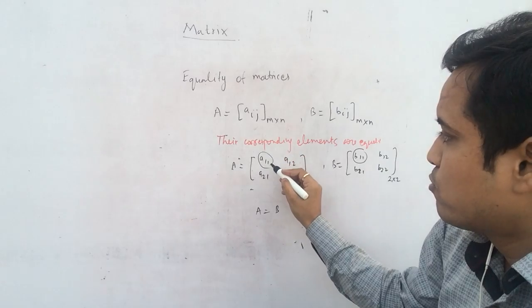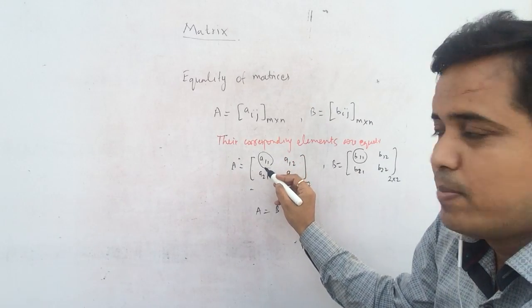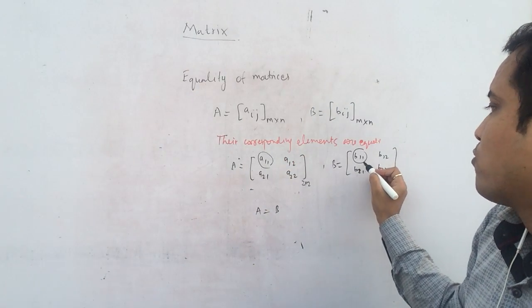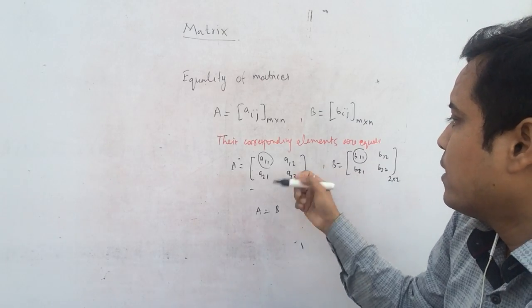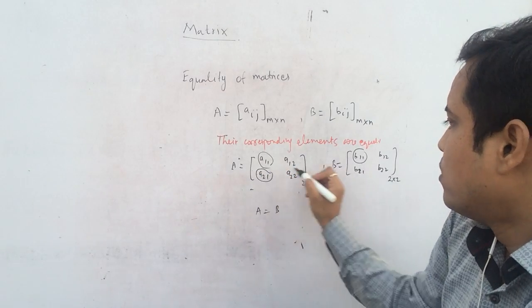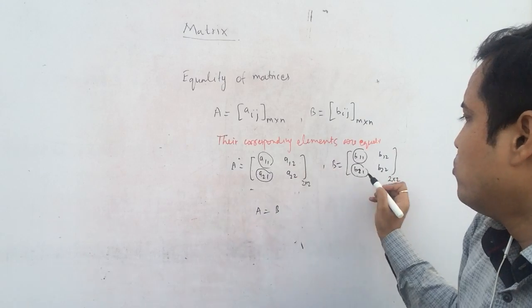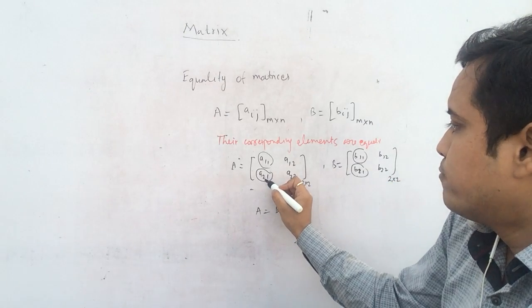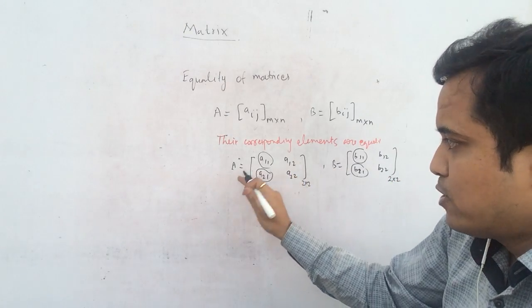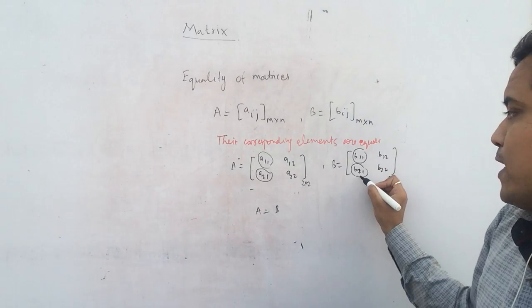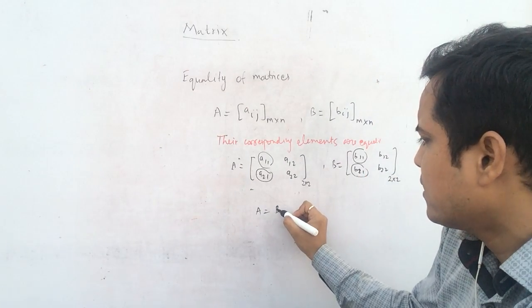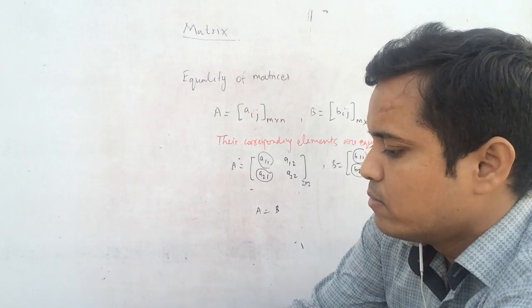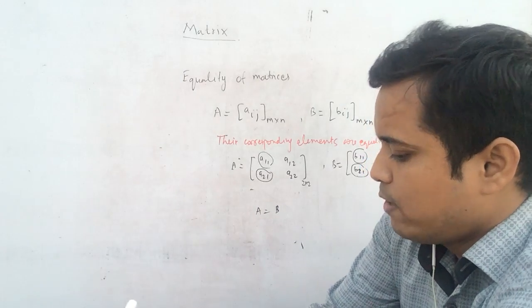That means the element of first row and first column would be equal to the element of first row and first column of this matrix, and A21 equals B21. That means the element of second row and first column of this matrix equals the element of second row and first column of the other. In this way you can say that A equals B. We'll use this in the questions.